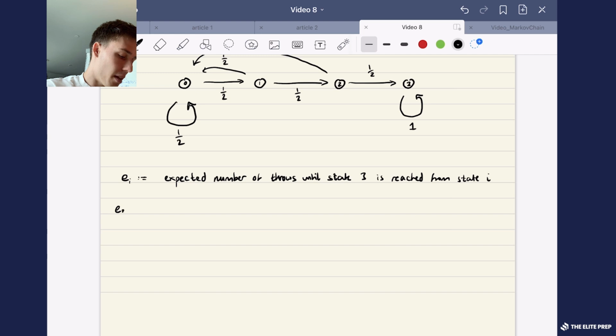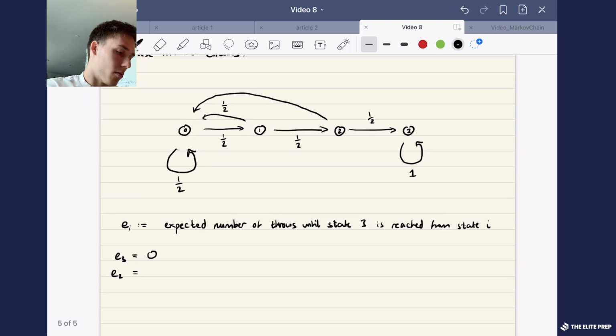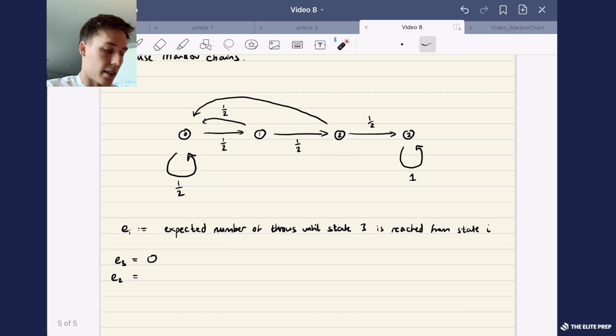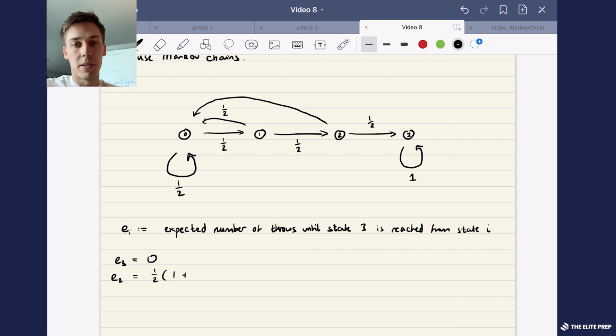So for example, E3 is very easy. E3 is just 0, because if we're already at state 3, then we don't need any more steps to reach state 3. E2, well, for this we need to look at the state that we're on. So if we're at state 2, we can either, with probability 1/2, which takes one step, go to state 3. So we have 1/2 probability of taking one step plus the number of steps that we need at state 3 to reach state 3.